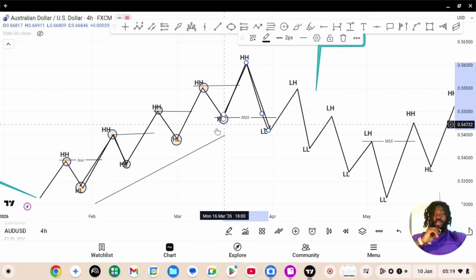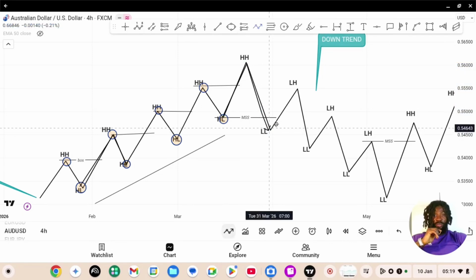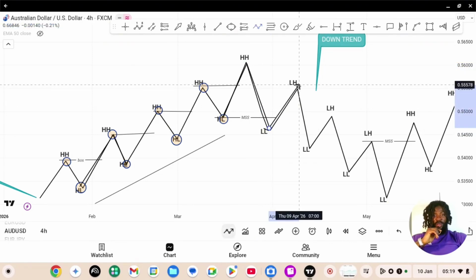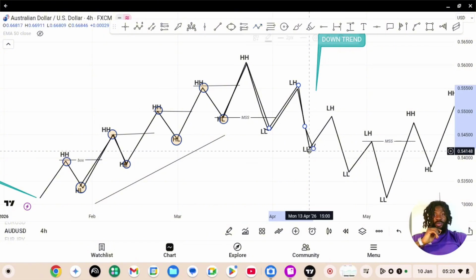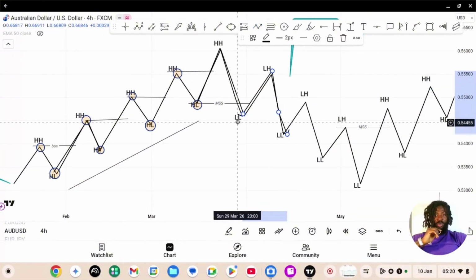This higher low is broken by giving us an MSS, a market structure shift. You already know in your head that okay, the market has changed. The reading of the market has changed. Now you are no more looking for a buying opportunity. You are now positioning yourself looking for a selling opportunity, because the market will now continuously give us a lower high, a lower low, by giving us a break of structure downwards, breaking the previous lower low.